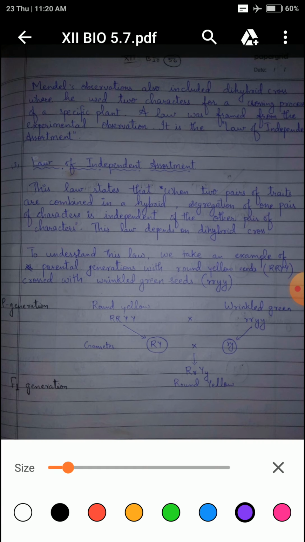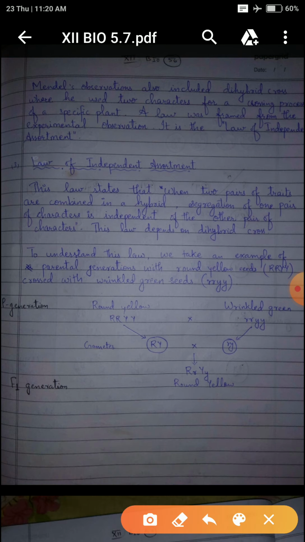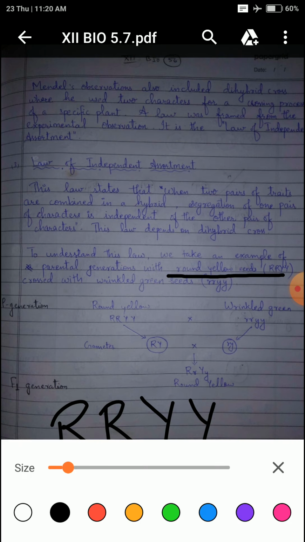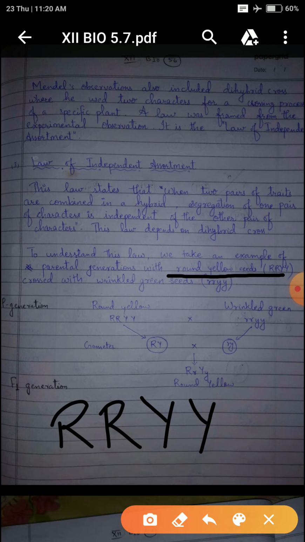For his experiment he took a round yellow seed, with a genotype of capital R for round and capital Y for yellow. That was the round yellow seed. And he also took another, the wrinkled green seed, whose genotype was small r for wrinkled and small y for green.